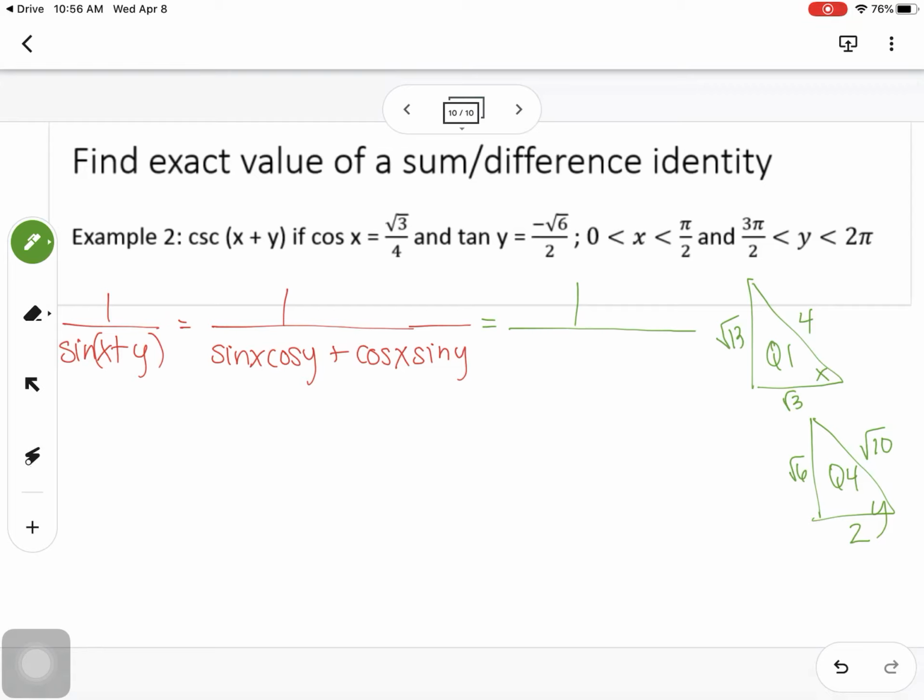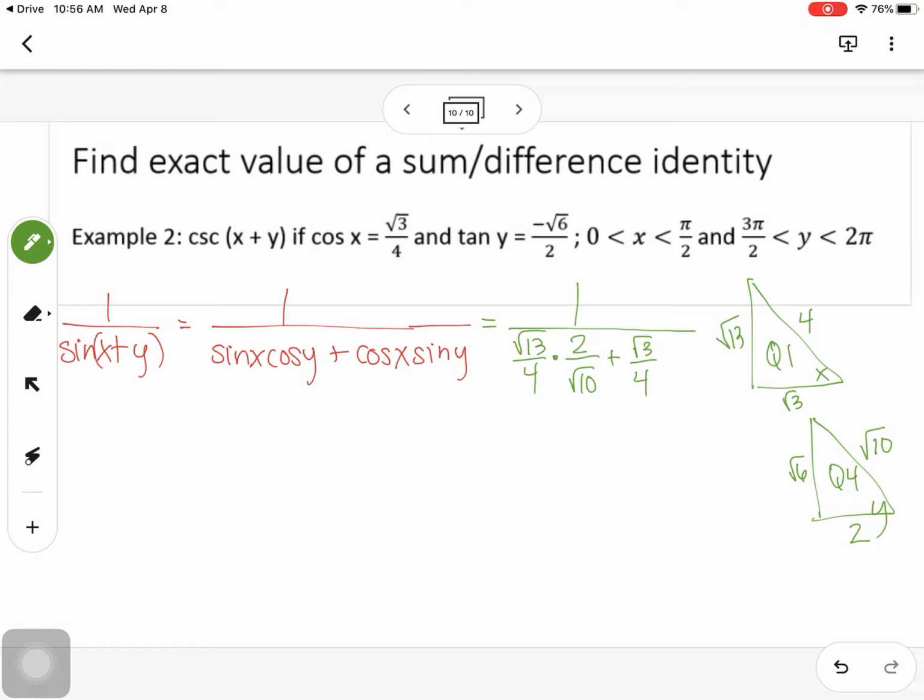So when I fill stuff in, sine of x is square root of 13 over 4. Cosine of y is 2 over the square root of 10. Cosine is positive in quadrant 4, so that can stay. Then cosine of x they gave me was the square root of 3 over 4.